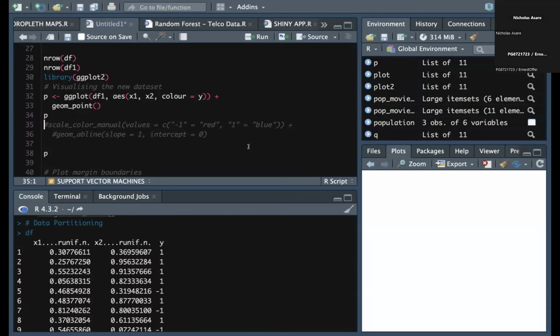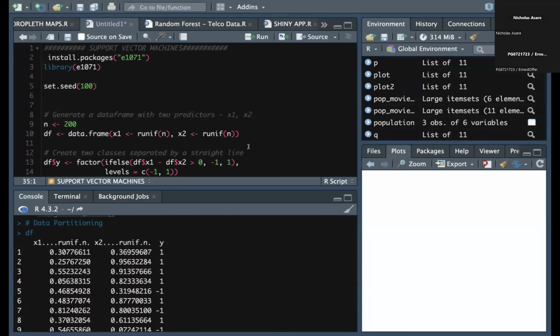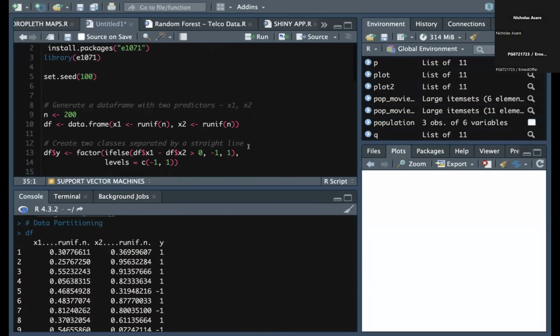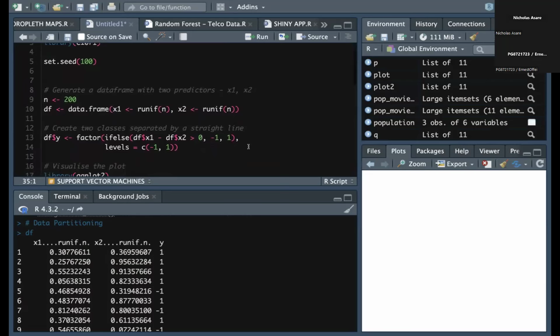So let's see how you started with the runif. You set a number for 200, and then a data frame.